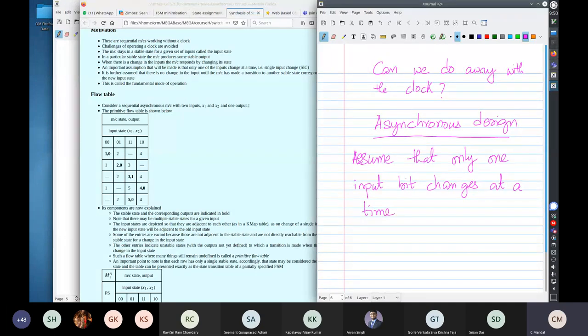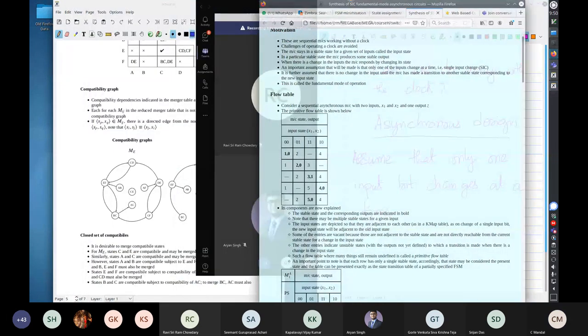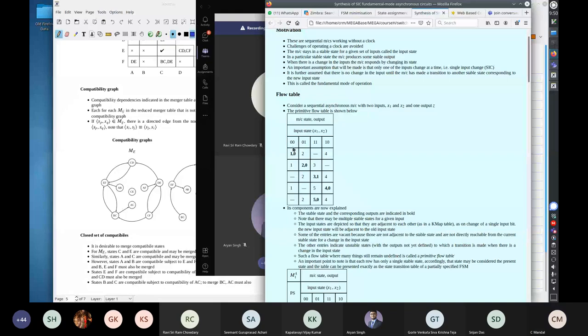You assume that only one input changes at a time. So here you got 0, 0, so it can change to either 0, 1 or 1, 0. So if it changes to 0, 1, the next state is 2. So it settles down to 2, and then it remains stable at state 2.